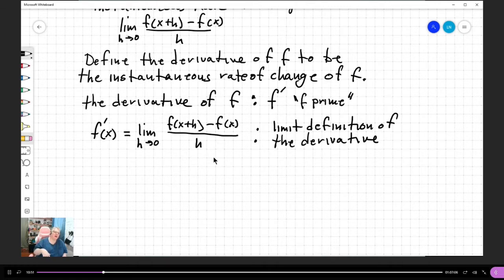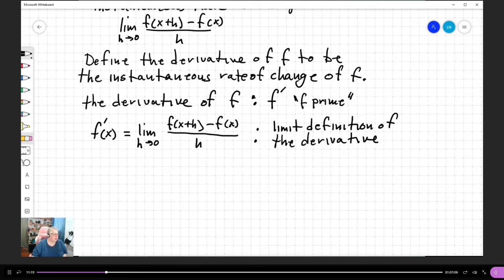And in a little while, not today, we're going to learn some patterns that occur with different types of functions that will give us formulas, so that when we see a certain type of function, we'll be able to apply a formula rather than always going back to the limit definition. The limit definition, though, is how we derive formulas. So that's why we need this right now.